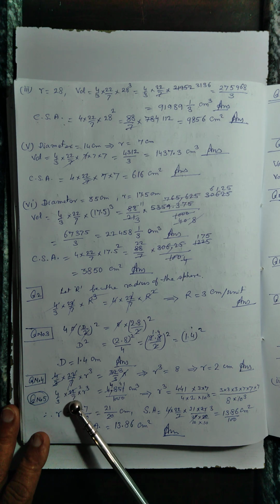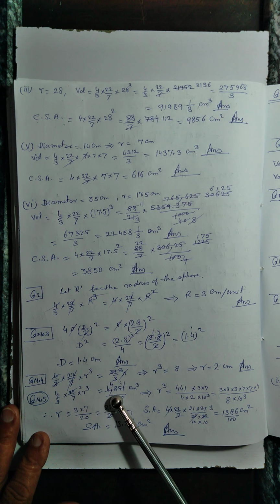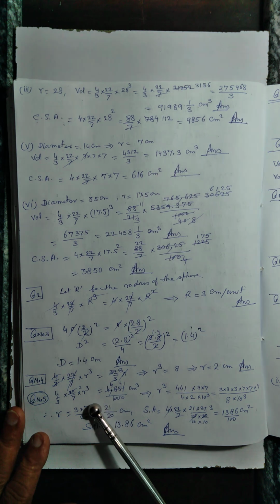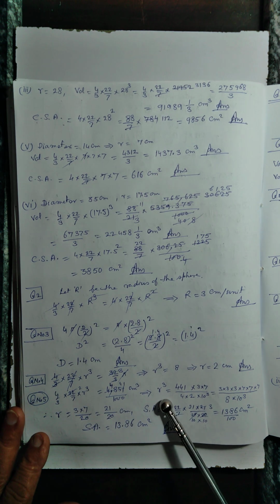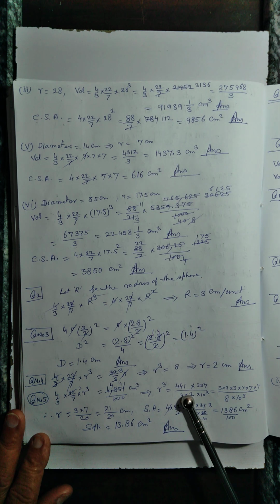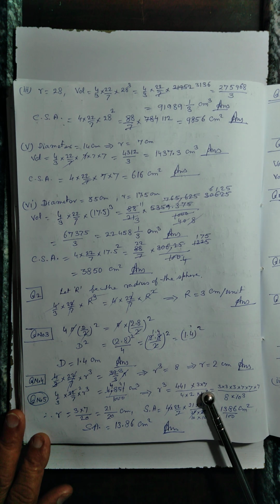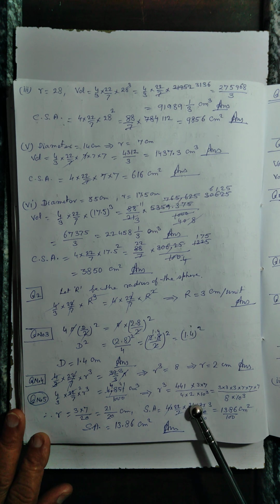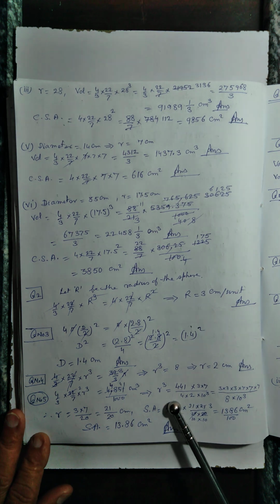22, I divided by 11, so 11 into 2 is 22, divided by 11. I got 441 upon 1000. Here 4 by 3 as it is. So r cube will be equal to 441 into 3 into 7 whole divided by 4 into 2, 4 into 2 into 10 raised to power 3.